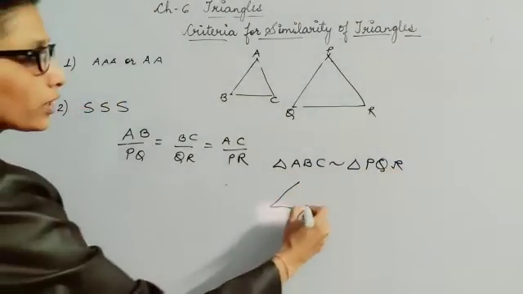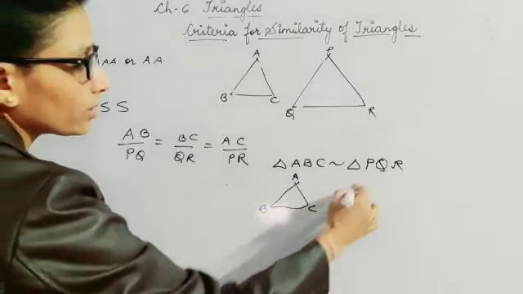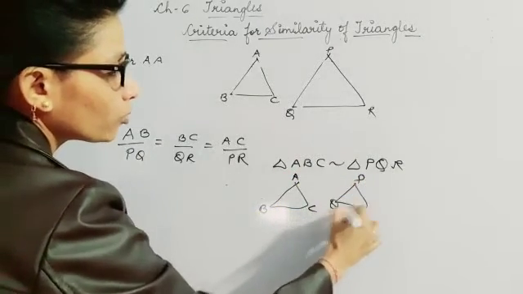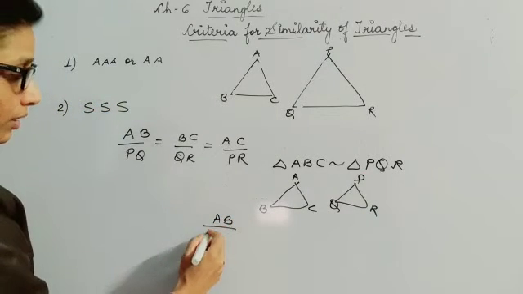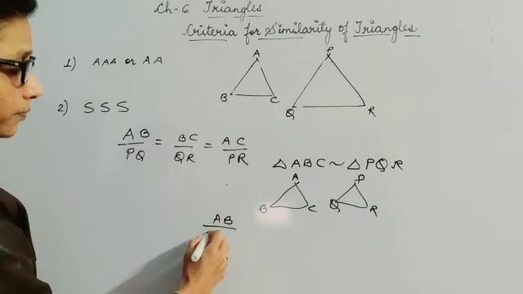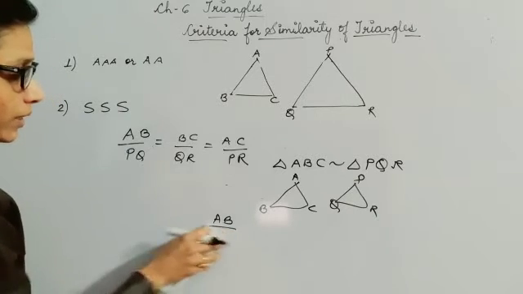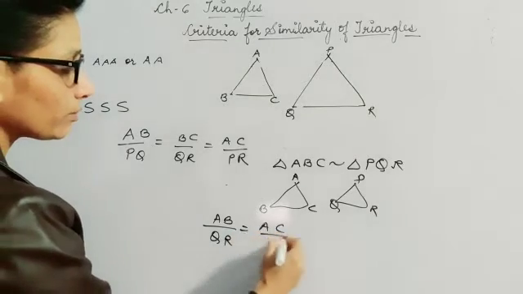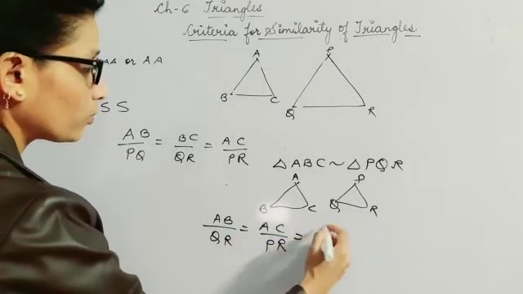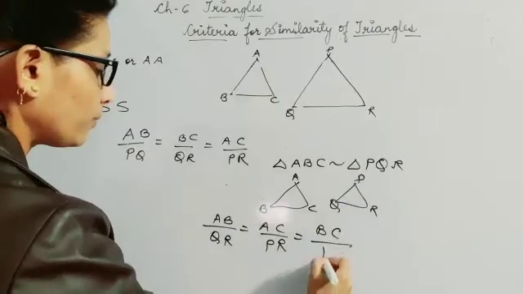Let's suppose if my triangle is ABC and triangle PQR, and if it is written like this, AB by QR is equal to AC by PR is equal to BC by PQ.